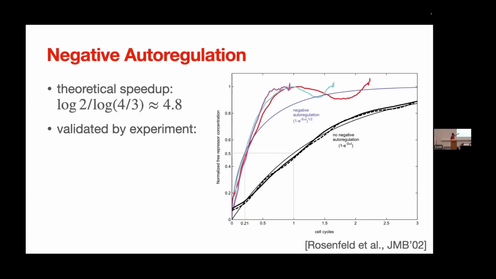First of all, they did the math, but they also did the experiments. They had one system that's just expressing a regulated, inducible gene with autoregulation. And again, I have to underline this: it's negative autoregulation. The more you express, the more you repress yourself. It turns out that the whole system is quicker if you have negative autoregulation.